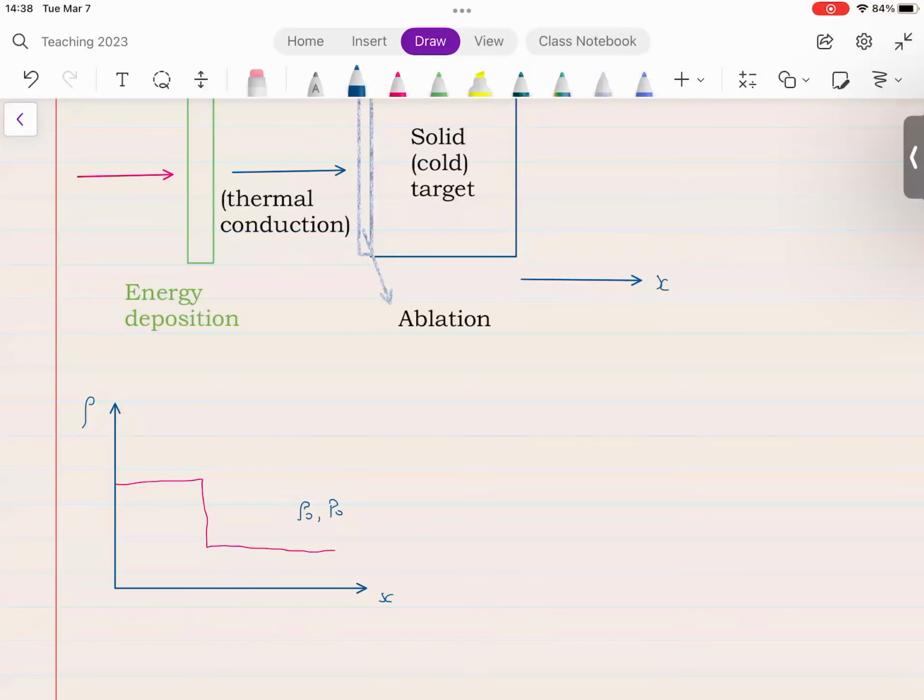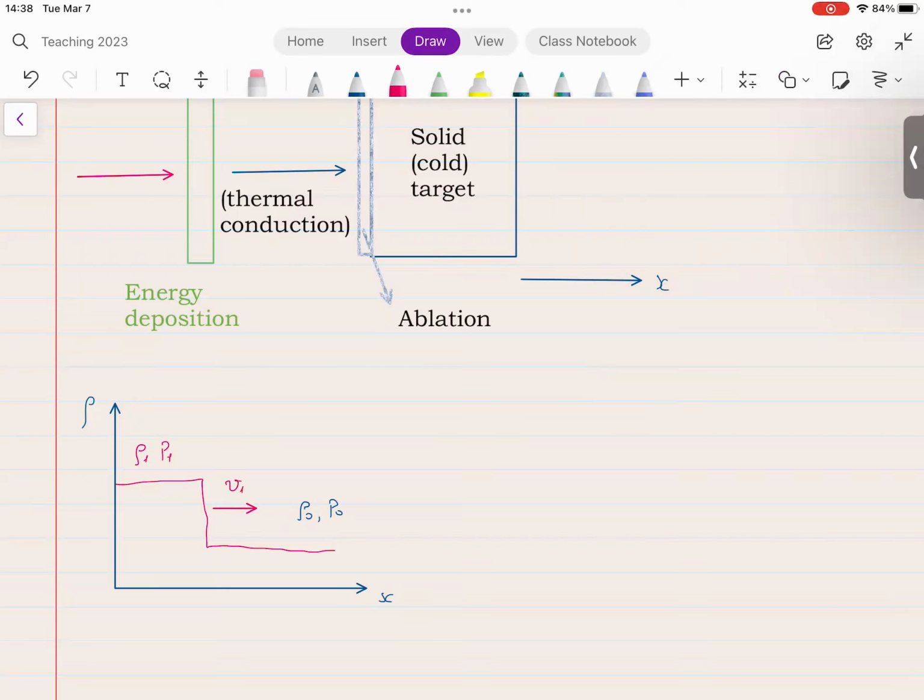And here I have my compression wave coming in at rho 1 and p1. And this wave is going to travel to the right with a certain velocity.